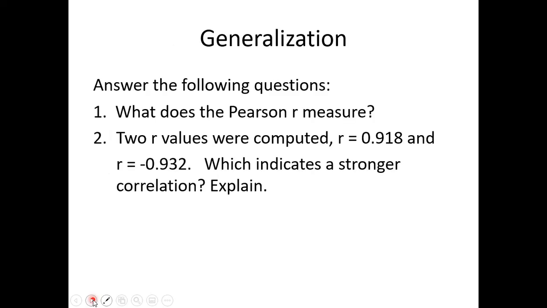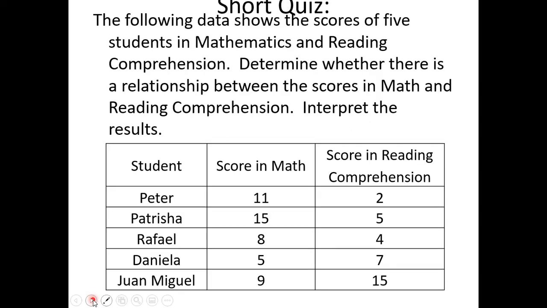Yan. Okay. So, answer also the following generalization. So, what does the person R measures? Okay. And also number 2 questions. All of this. Then, of course, answer also this short quiz. The following data shows the scores of 5 students in mathematics and reading. So, determine whether there is a relationship between the scores in math and reading comprehension.